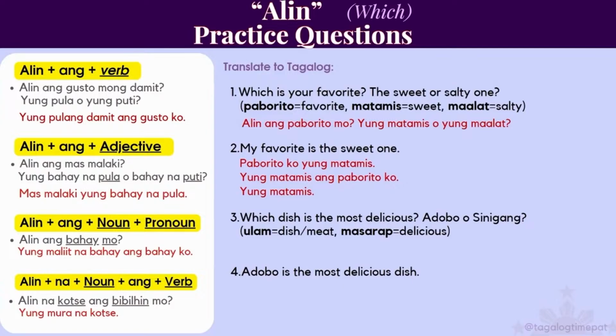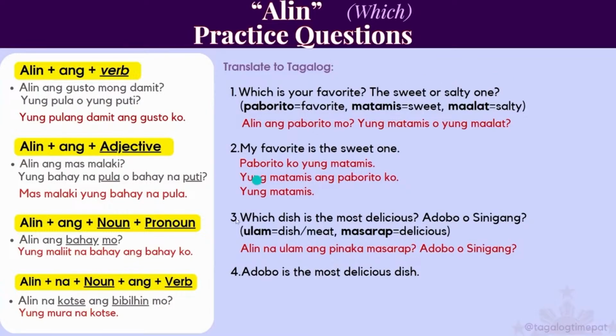Number 3, which dish is the most delicious? Adobo or sinigang? Ulam means a dish or a meat. Masarap means delicious. So, alin na ulam ang pinakamasarap?